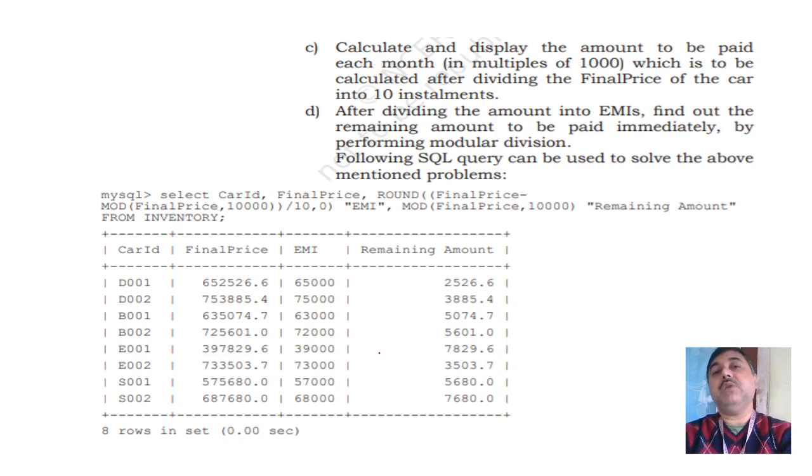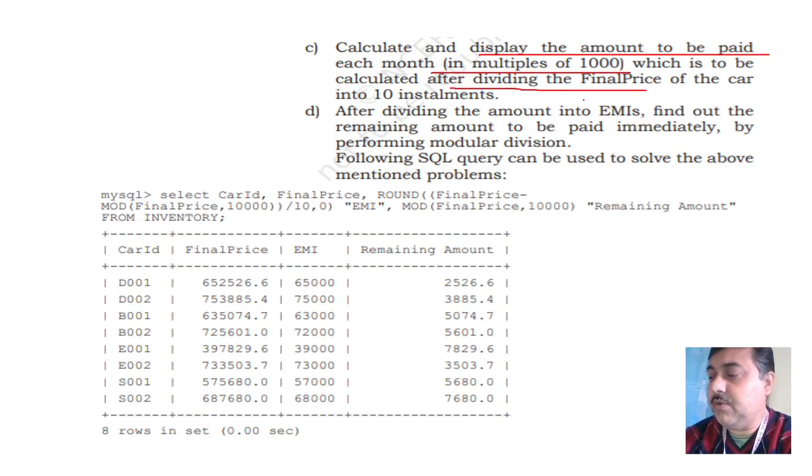Now if you are calculating the amount needed to be paid, what is the amount? Calculate and display the amount to be paid for each month, in multiples of 1000, calculated after dividing the final price for the last 10 installments.